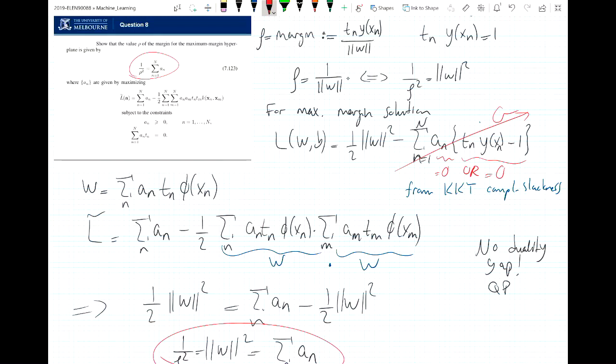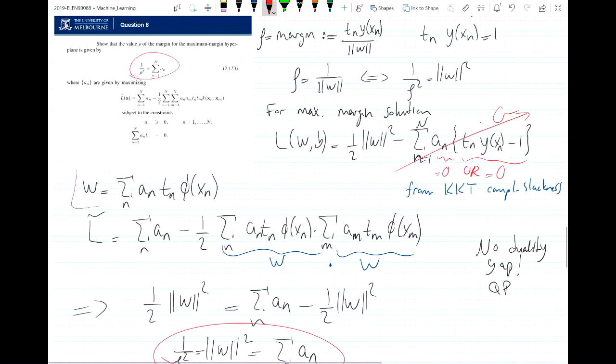We have written the margin definition, but we don't know the w's, so we have written the primal formulation, which from the complementary slackness, this right-hand side is 0. We have also looked at the dual, and because we have this w definition, we know this already.